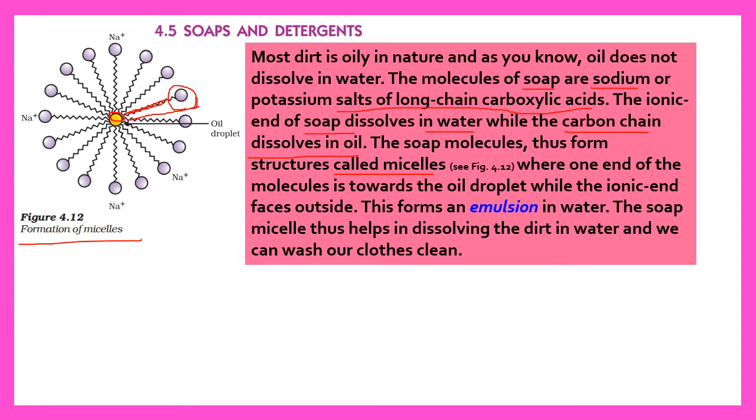This head will not be attracted towards the oil, while the tail parts of this particle will be attracted towards the oil, right? And when the tails of a number of particles are attracted towards the oil, the heads of all the particles will go away from the oil. So a structure will be formed like a micelle.